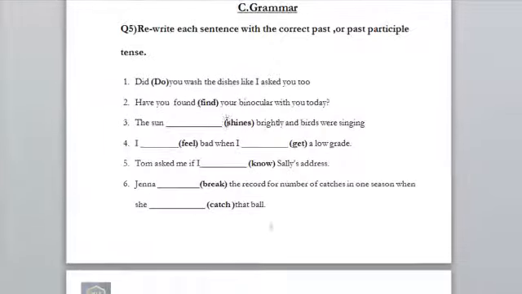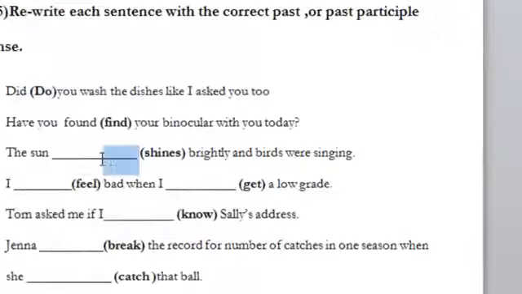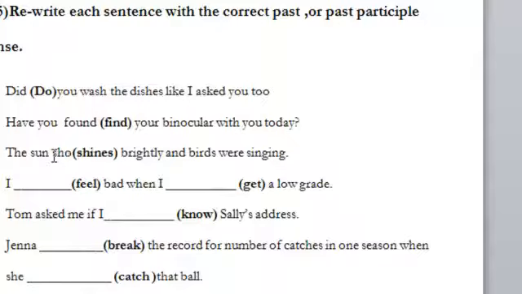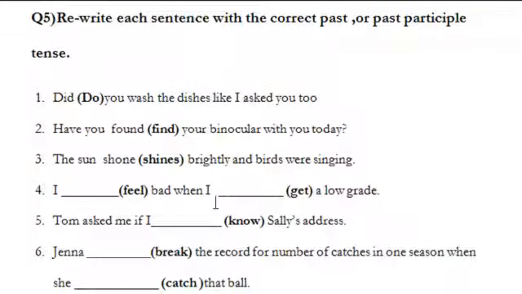So the past of shine will be, I need someone to tell me, yes, it's shone. Let's make the space to make it clear to everyone. The past of shine is shone.